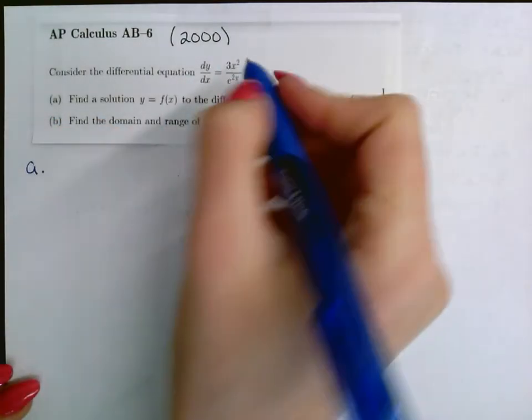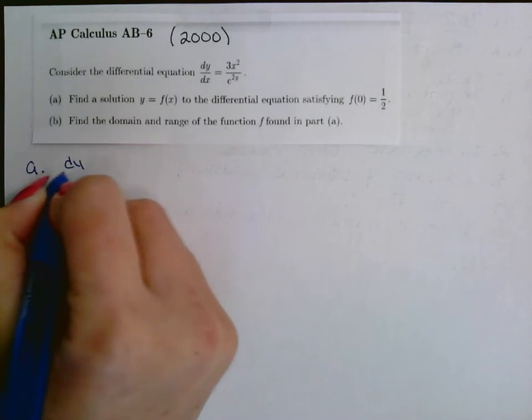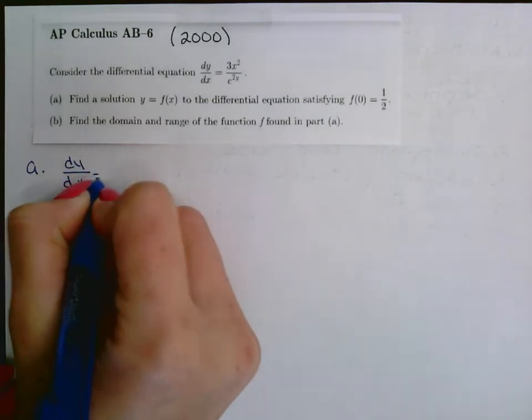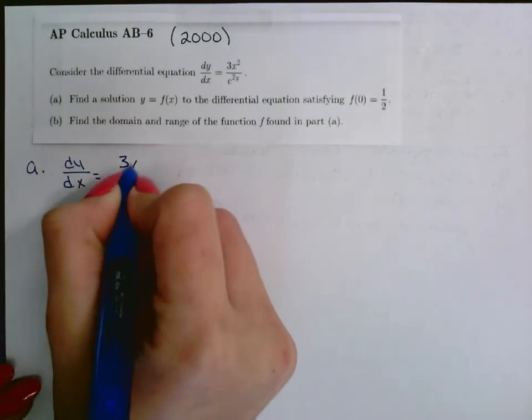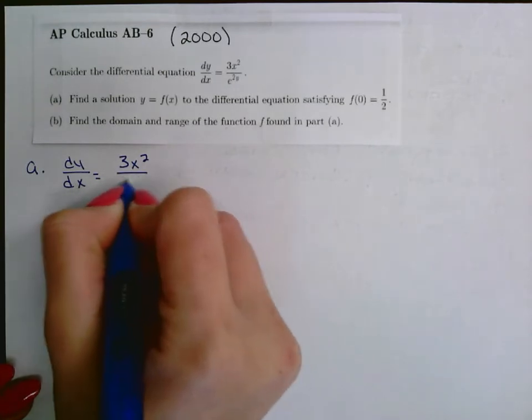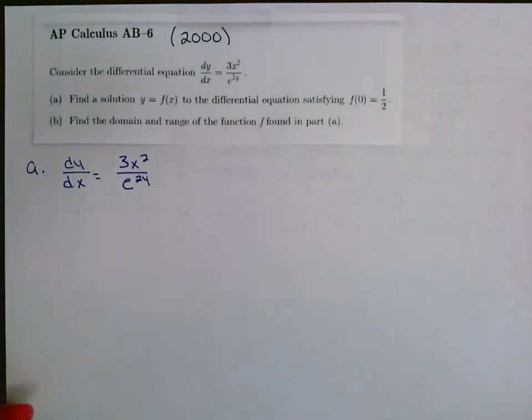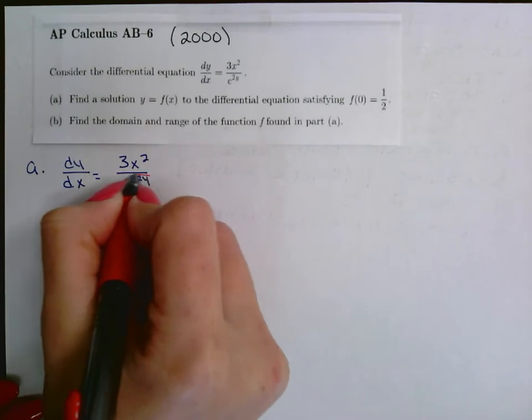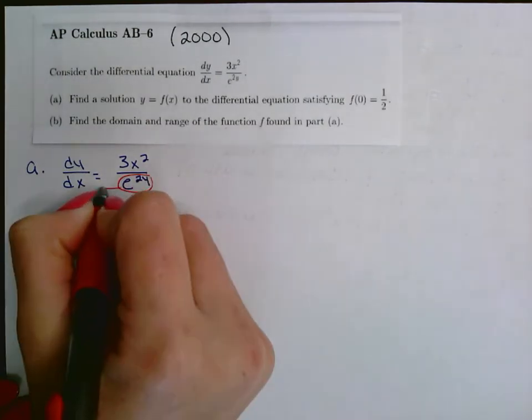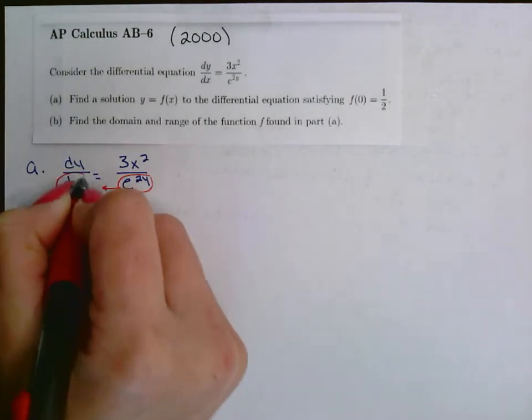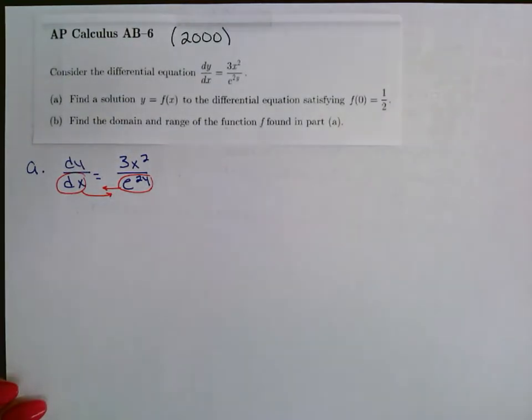So I have dy dx is 3x squared over e to the 2y. Now that y is stuck in the exponent of e, so I am going to have to move that entire denominator. So this entire thing is going to go multiplied over, and this entire thing is going to go multiplied over.